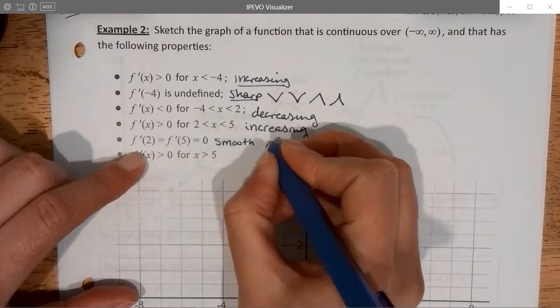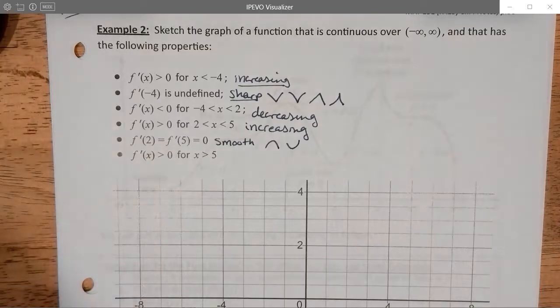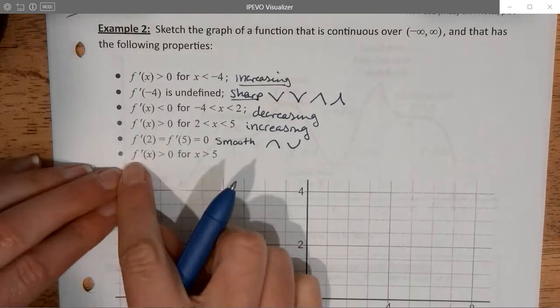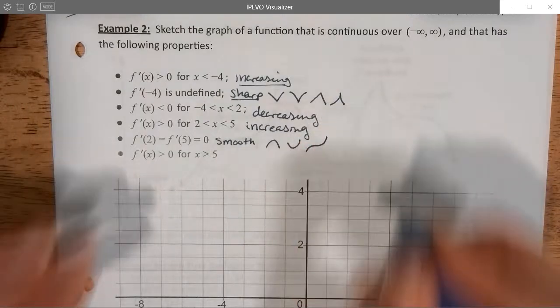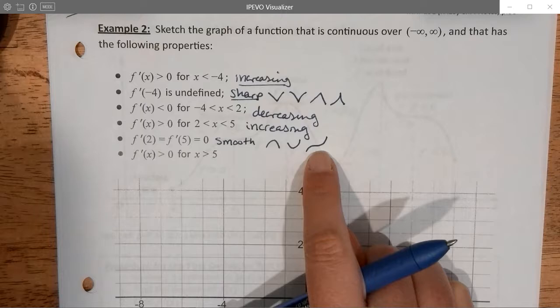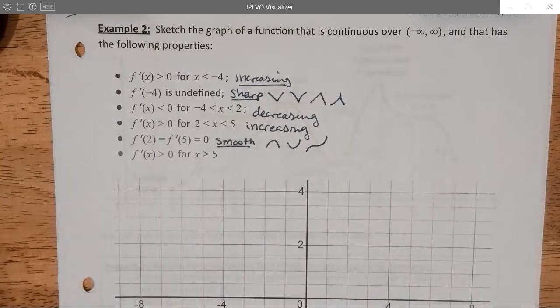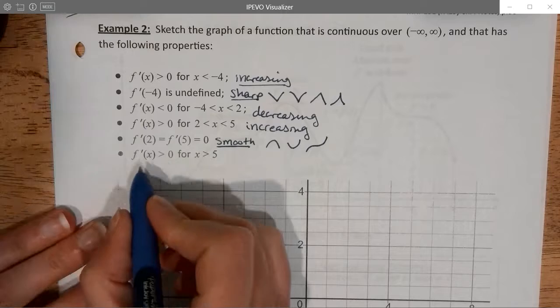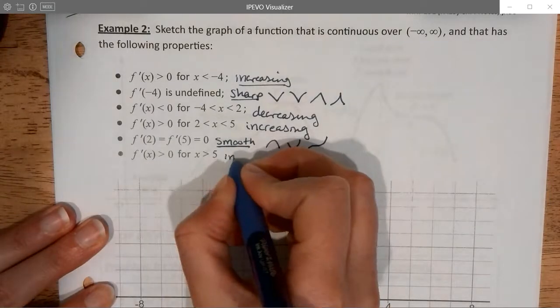So something that's going to be one of those two smooth shapes as it curves gently towards an extrema. And then again, I don't know that they're going to be extrema, right? They could possibly be that third case where they were critical values, but they were not actually extrema, but something that's going to be smooth. I don't know the shape yet, I just know smooth. Look at the shape from the increasing and decreasing pieces. Then we have that the derivative is greater than 0, so again, that's our increasing.